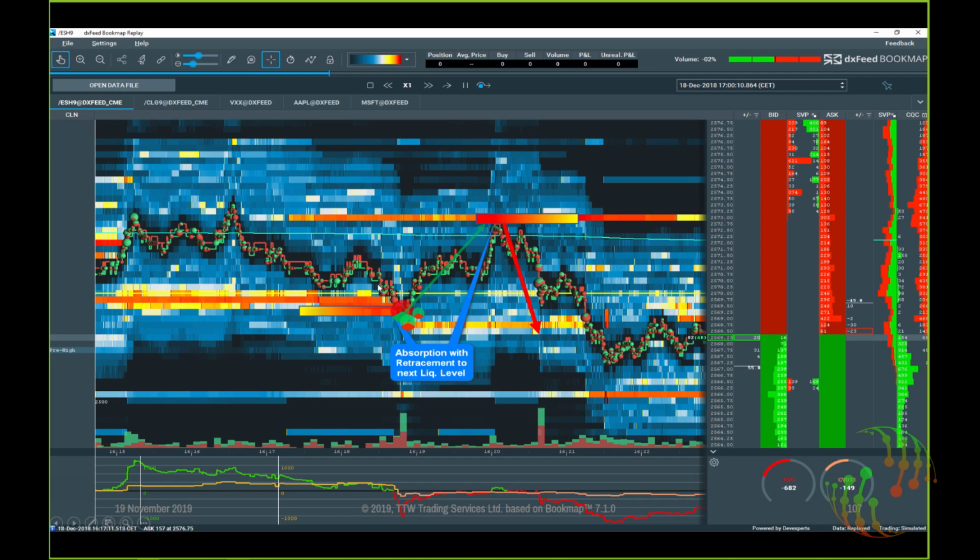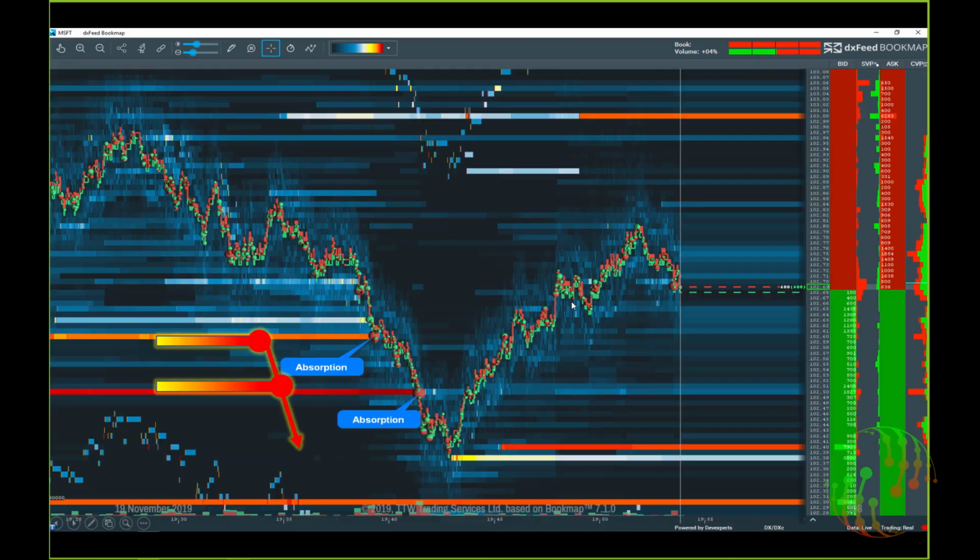That means the price is coming down, hitting the liquidity level, then retracing back to the next liquidity level, and then coming back down. And this is the total sell-off. Interestingly, we had it today.